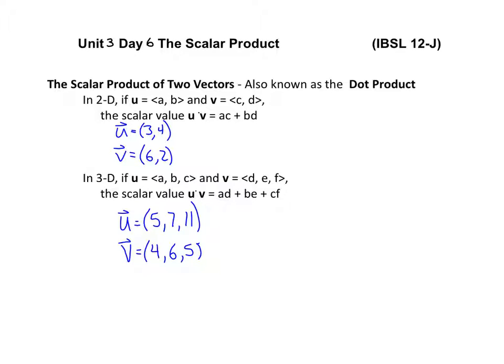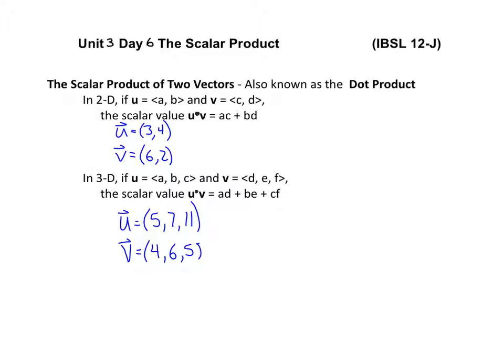It's called the scalar product in a lot of the IB material. It's also commonly called the dot product, and that's because the notation is just this dot. It doesn't show up real well here, but u dot v is how we read that.